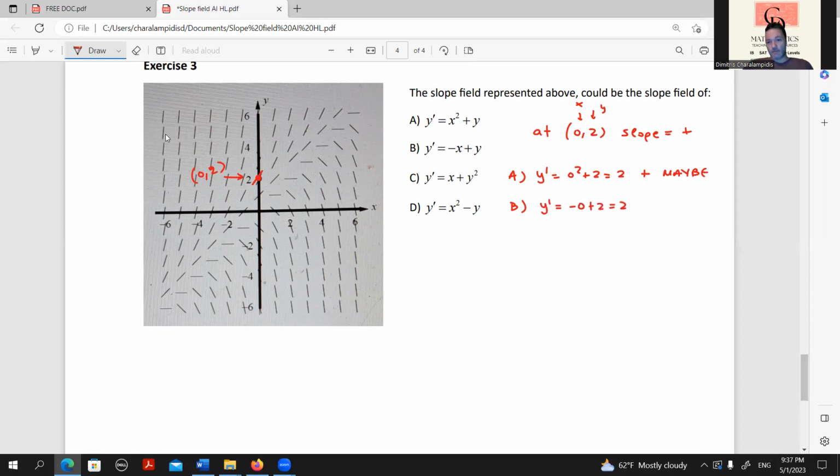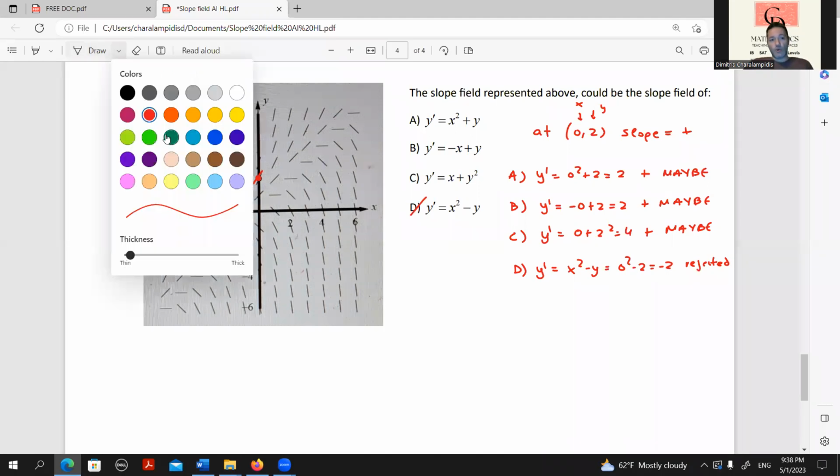It's still positive, so maybe. In C, its y derivative is 0 plus 2 squared. It is 4. It is positive, so once again, maybe. Perhaps this point doesn't help us that much. In D, y derivative is x squared minus y, which is 0 squared minus 2. It is negative, so there you are. We should reject D.